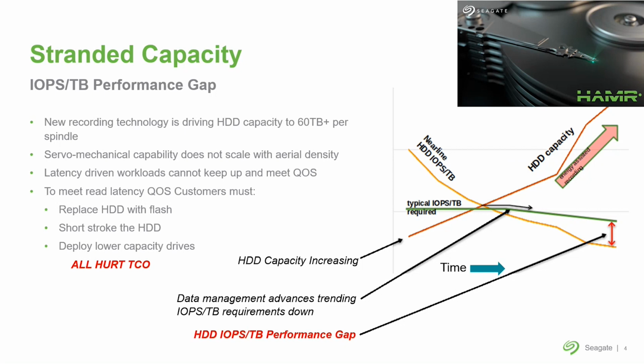And we see a lot of customers simply deploying lower capacity drives. There's still a market for 4, 6, 8 terabyte drives because it's still a lot cheaper than flash, and some customers need the IOPS per terabyte that those smaller drives offer. One problem there is that you don't see the price erosion at those capacity points that you see at the higher capacity points. All these things hurt TCO.